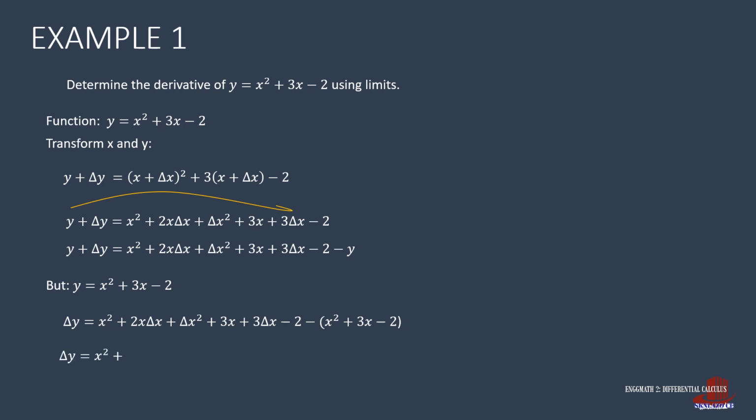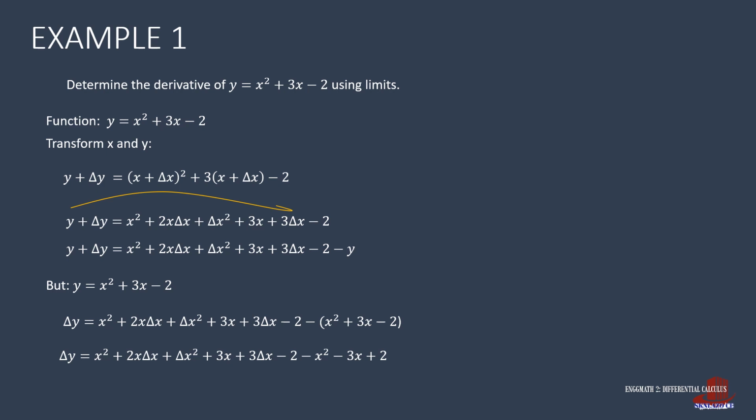Take out the parentheses once more to have delta y is equal to x squared plus 2x delta x plus delta x squared plus 3x plus 3 times delta x minus 2 minus x squared less 3x plus 2.